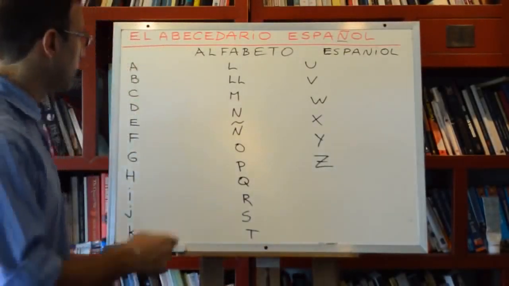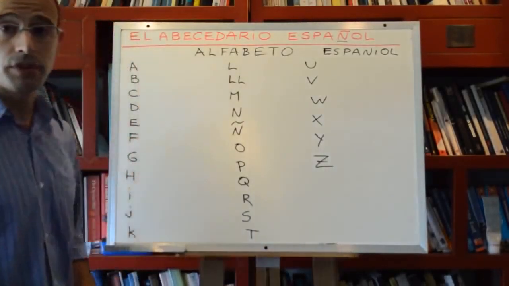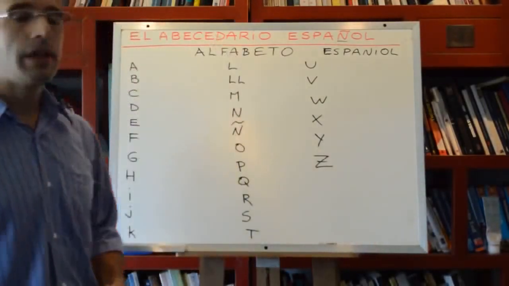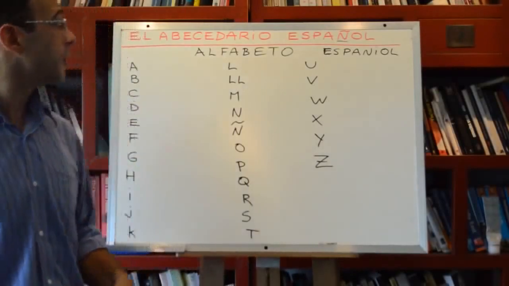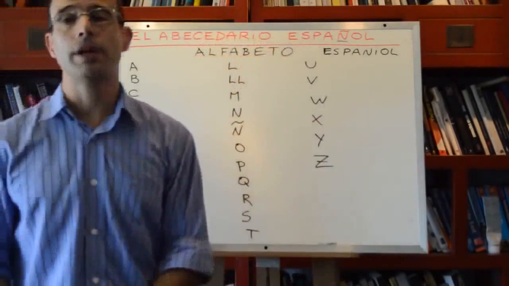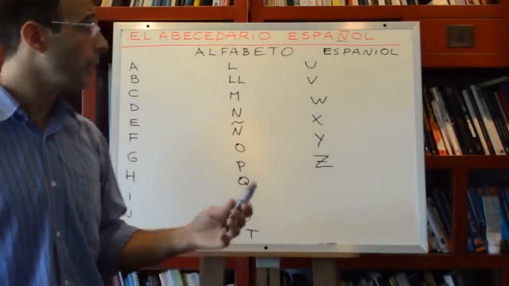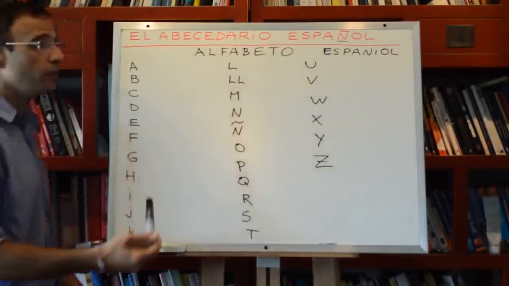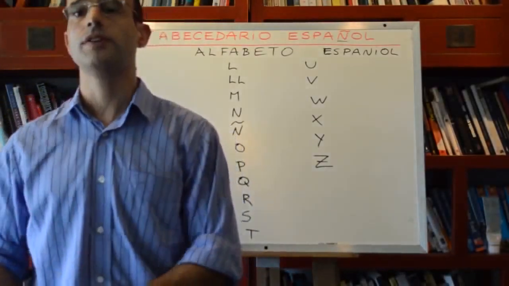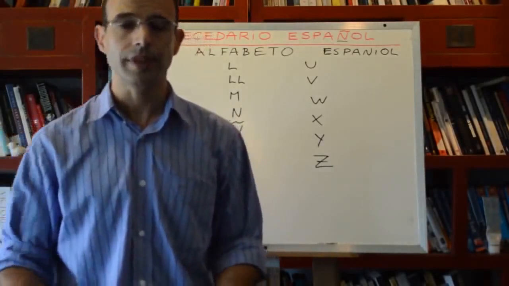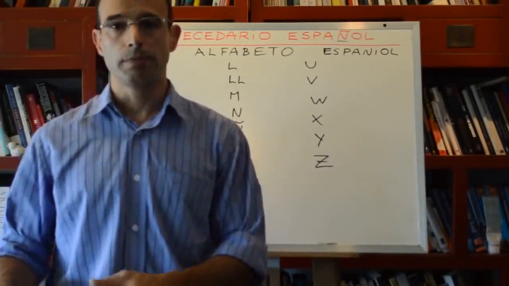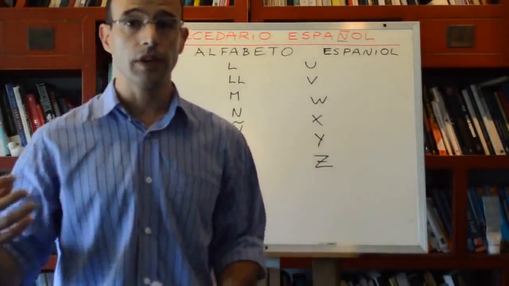Now before I give you some examples using each one of these letters, let me give you a little bit of information regarding this title. I wrote El abecedario español. Why? Because I believe this is the alphabet used for all the Spanish tongues. Why do I say all the Spanish tongues? Technically speaking, the word Spanish is not one single language.